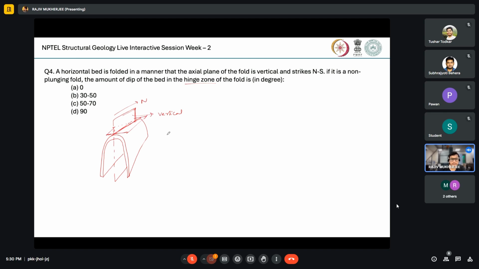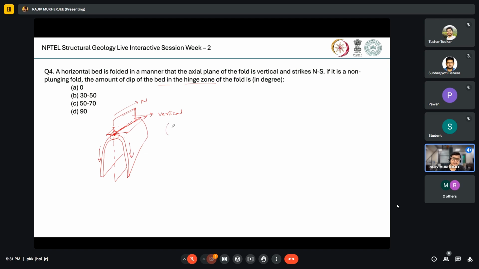So if the beds were at 0 degree, what angle should we expect just at the hinge here? So it is obviously 0 degree, because the beds are dipping steeply on both the sides, but the dip is decreasing gently and it is becoming 0 at the hinge, and then it is again increasing.